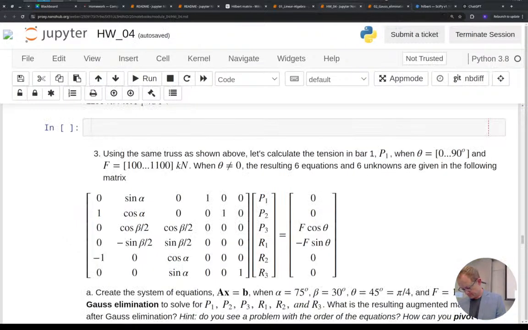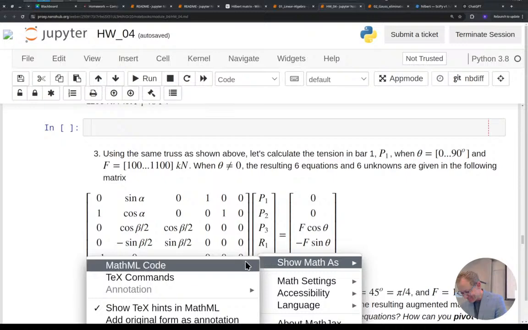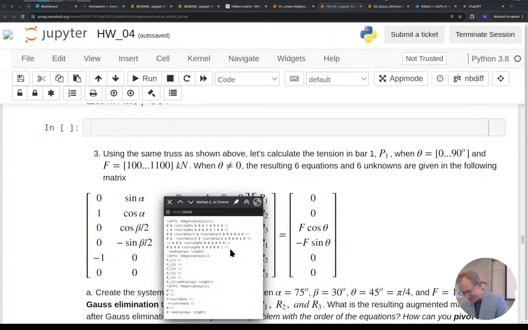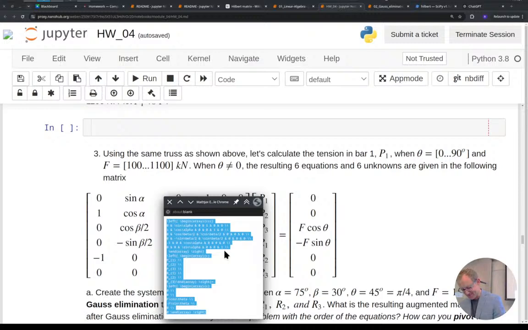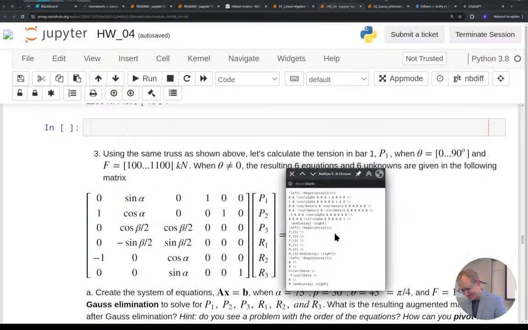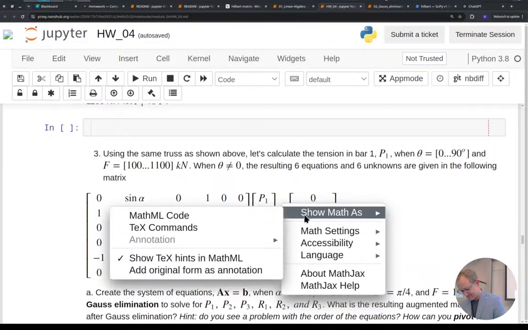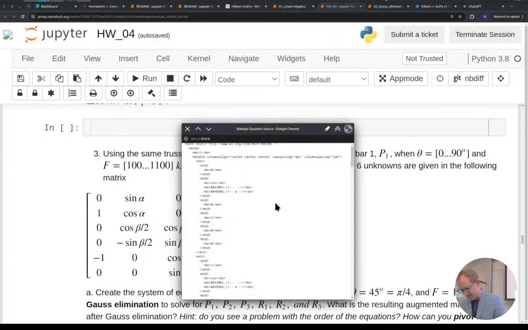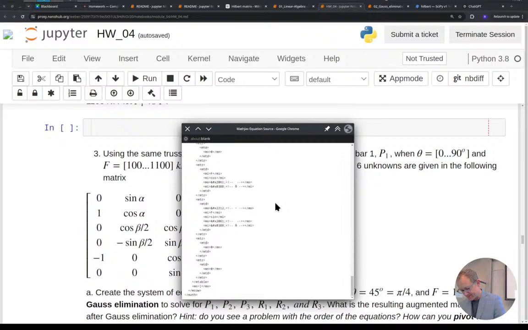I think as a human doing HTML, that one's harder. Yeah, LaTeX, as confusing as LaTeX is, it's a little shorter. This is just a tiny little box worth of code versus MathML.